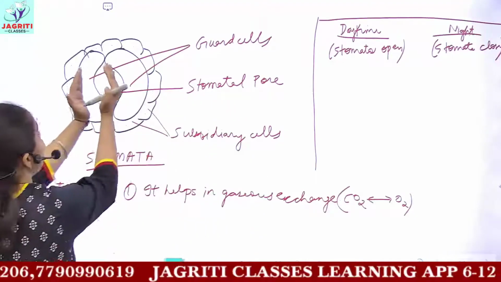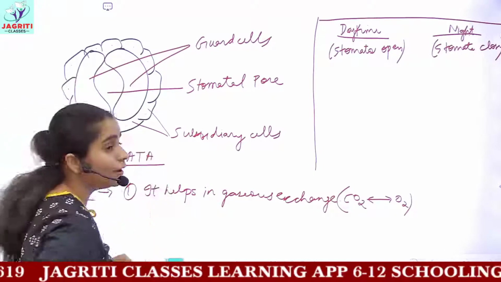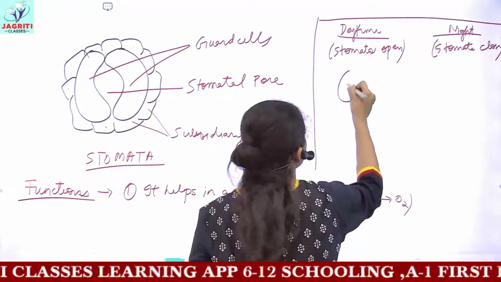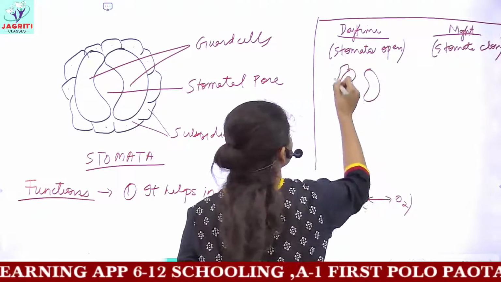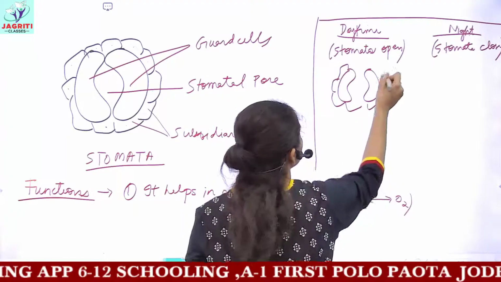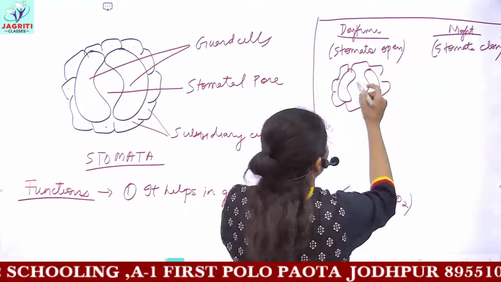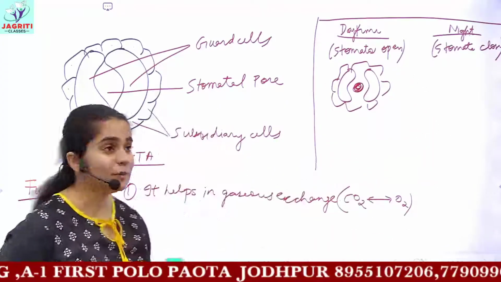So when these guard cells swell up, they move far away from each other and an open pore is observed. The subsidiary cells are similar to how they were originally present. So because of the swelling, the pore opens. This is called the open condition of stomata.